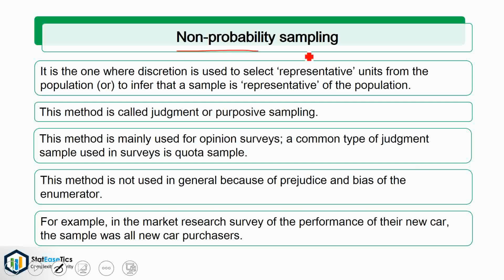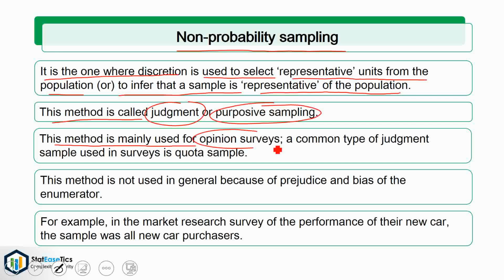Let's see non-probability sampling. It is the one where discretion is used to select representative units from the population, or to infer that a sample is representative of the population. This method is called judgment or purposive sampling. This method is mainly used for opinion surveys.